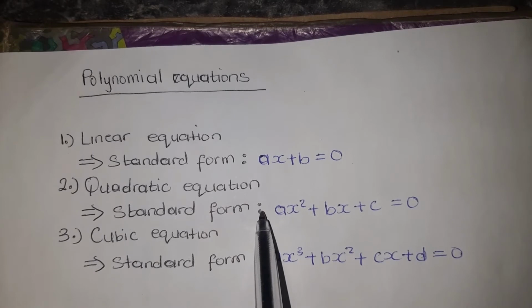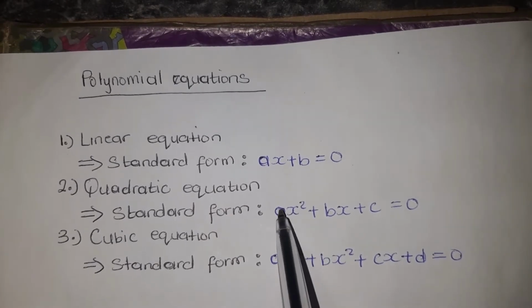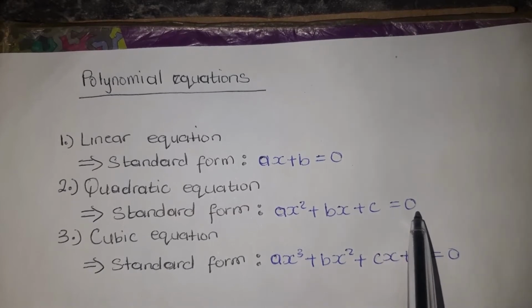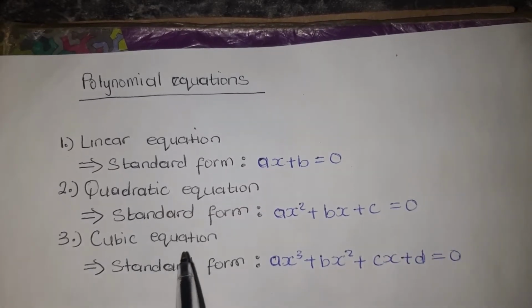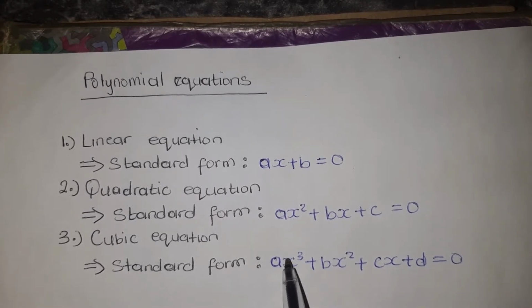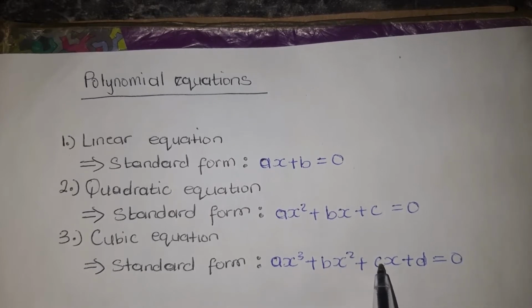Quadratic equation, its standard form is ax squared plus bx plus c is equal to 0. Cubic equation, its standard form is ax cubed plus bx squared plus cx plus d is equal to 0.